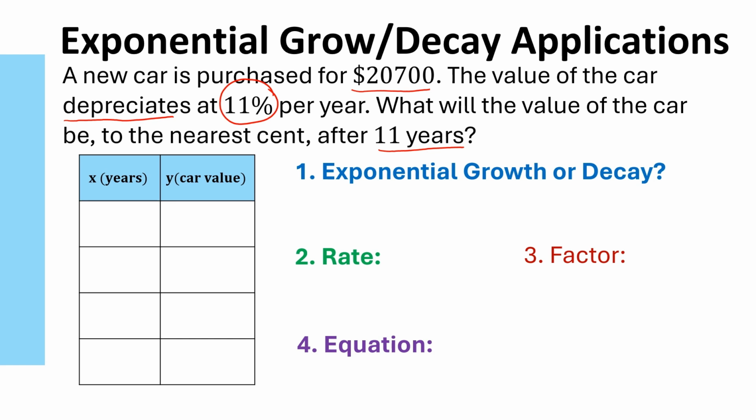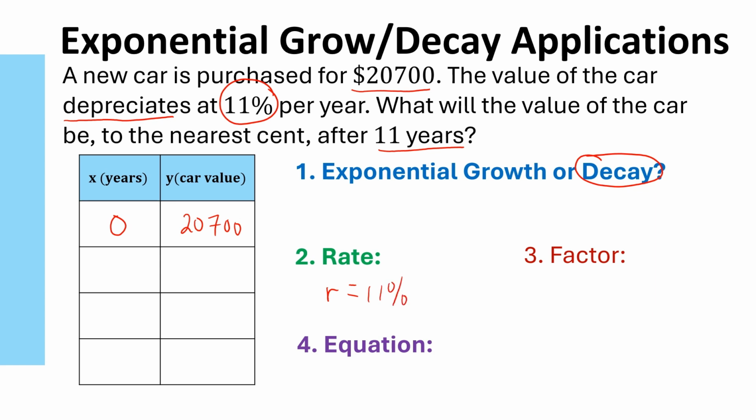Because the value of the car is going to go down, we know that this is going to be exponential decay. So we start with the original value of $20,700. We are depreciating at 11% per year, so that's going to be our decay rate, because it tells you how much you're decreasing each time in percent, which is 11%.